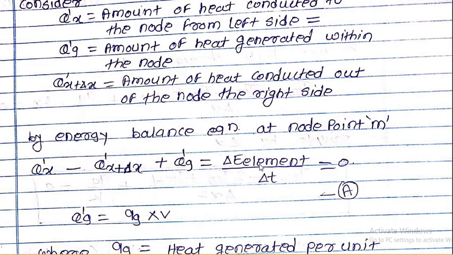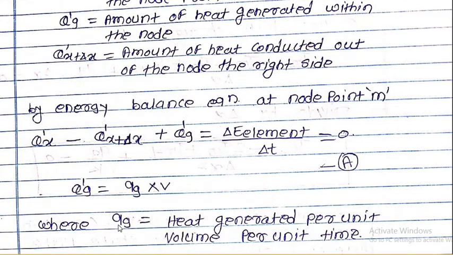So the increment in internal energy of the element with respect to change in time will be considered as 0. Now here q dash g is nothing but the heat generated per unit time by the element, equal to small q suffix g multiplied by V, where small q suffix g is the heat generated per unit volume per unit time.